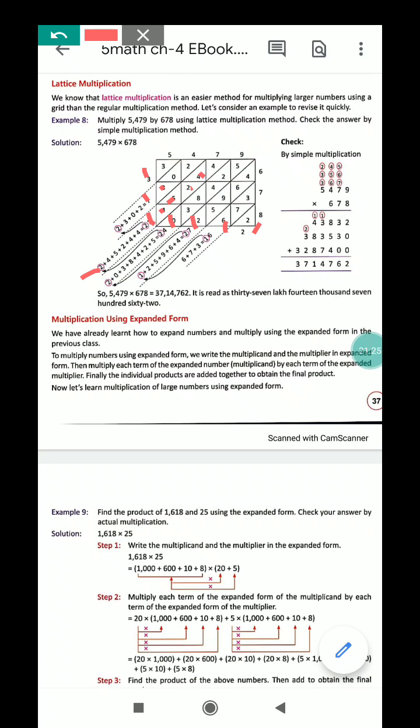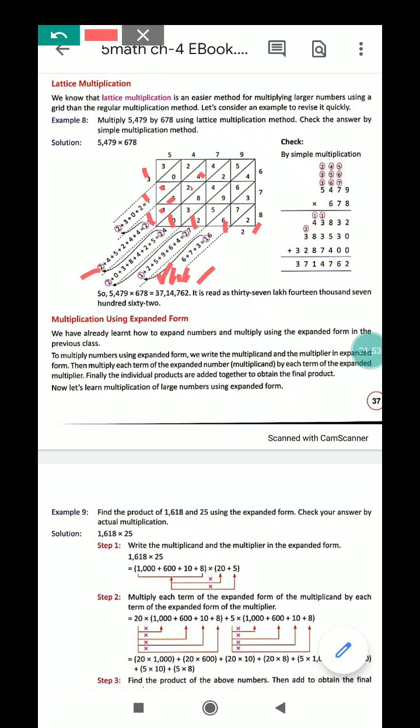So 5479 multiplied by 678 is equal to 37,14,762, and it is read as 37,14,762.